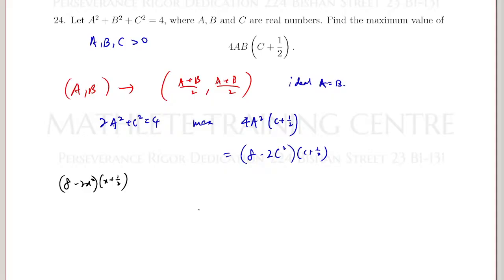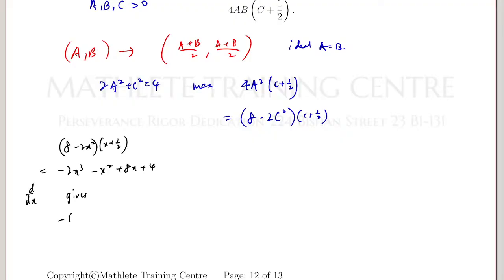So just expand: minus 2x cubed minus x squared plus 8x plus 4. d/dx gives minus 6x squared minus 2x plus 8.